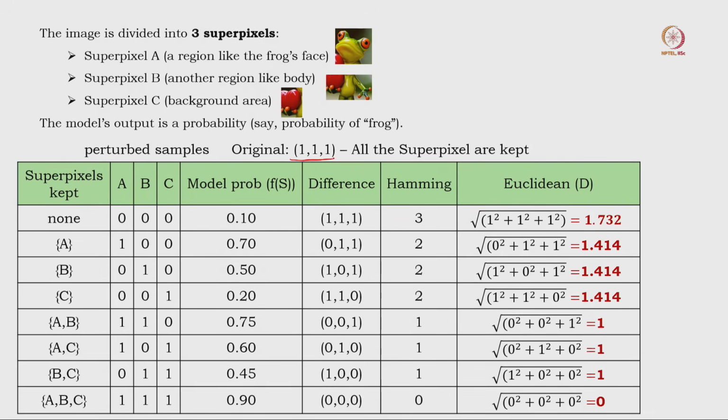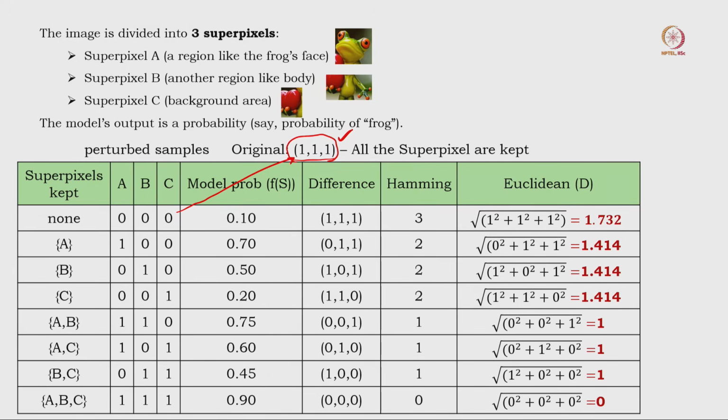How did we calculate the difference? We compared it with the original sample only. What is the original sample? The one where all the superpixels are kept, with the value 111. This is the original instance.